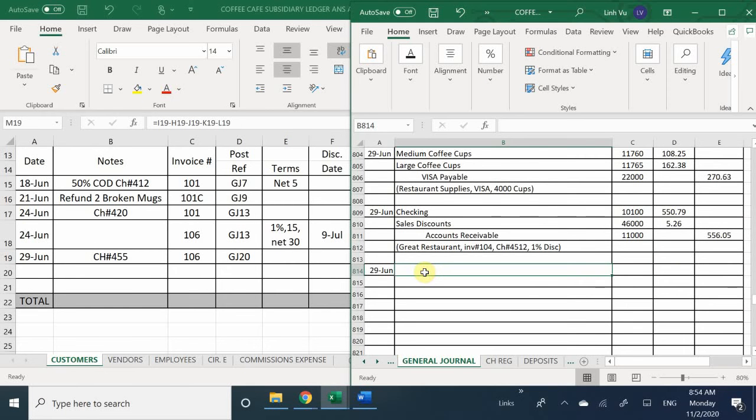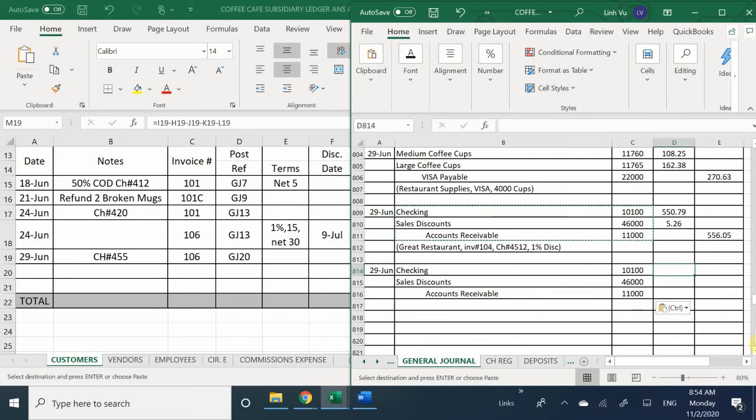So what are my accounts going to look like? Same at the bottom there. Correct. Discount. It's going to look identical to the one above, except this time this is for Katie's Coffee Corner. There we go. Okay.